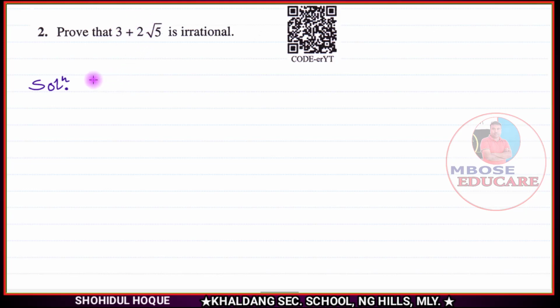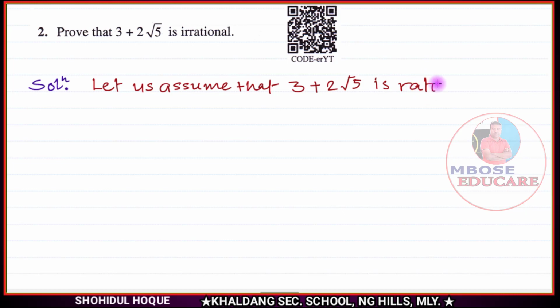So let us assume that 3 plus 2 root 5 is rational.